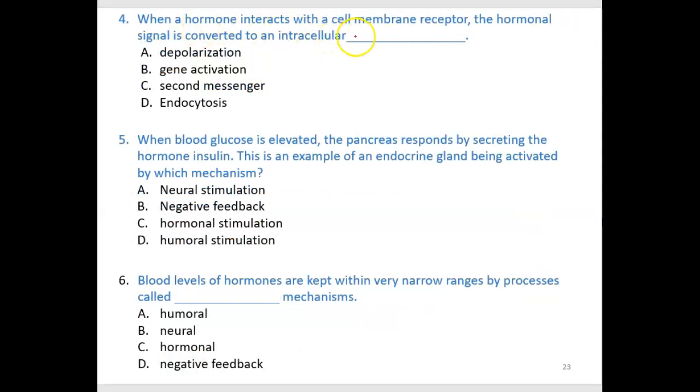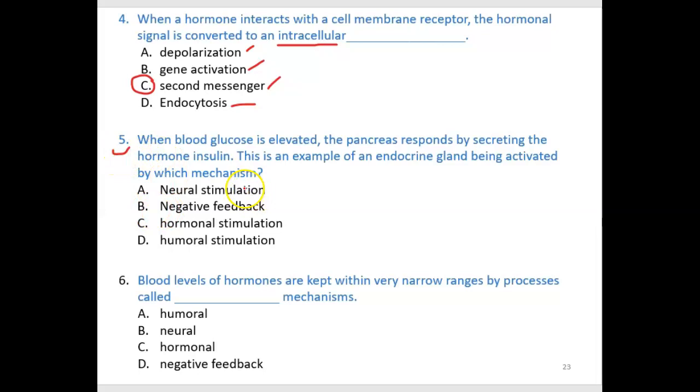When a hormone interacts with a cell membrane receptor, the hormonal signal is converted to what? An intracellular depolarization, gene activation, second messenger, or endocytosis. And of course, the answer is second messenger. That one wasn't too hard.